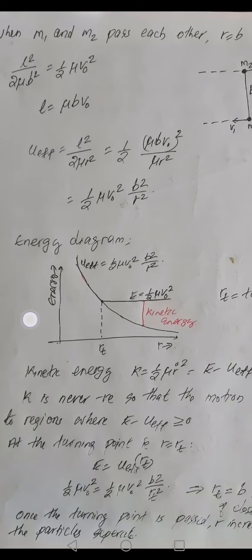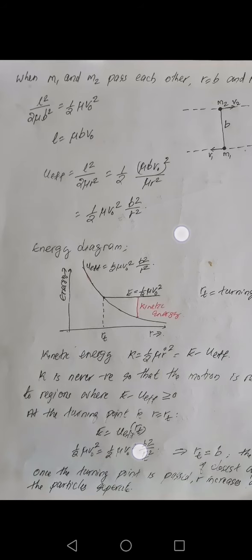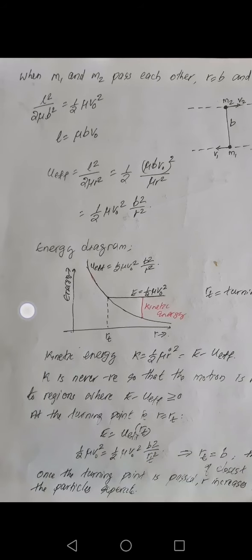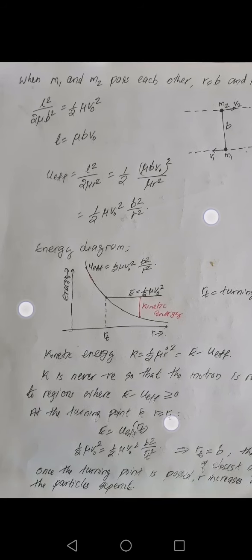Up to this level RT, it has kinetic energy. One thing you have to remember is that kinetic energy is always half mv square, so it is a positive quantity. Kinetic energy cannot be negative.